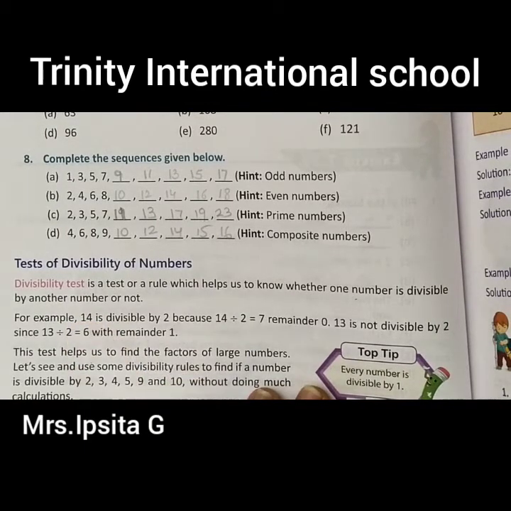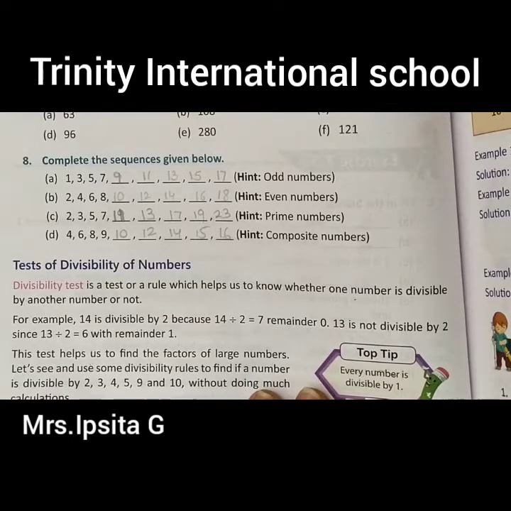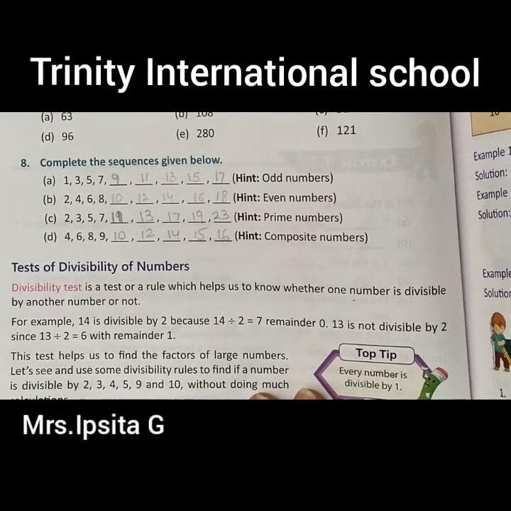Now you have to find out whether it is divisible by 2, by 3, by 5, or by 9 or 10. This can be determined by using the divisibility test or the divisibility rule.